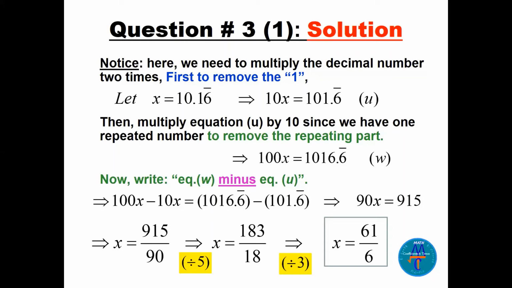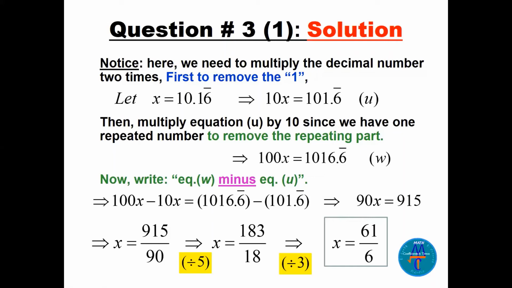Then after that, I see the repeated part. So I subtract now: W minus U. I don't use the x now in this question. 100x, which is W, minus 10x, which is U, is equal to this minus this. So 100x minus 10x, 90x, is equal to 1016.6 repeating minus 101.6 repeating, which is 915.